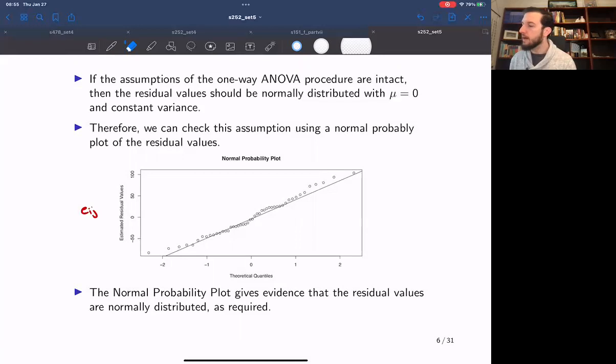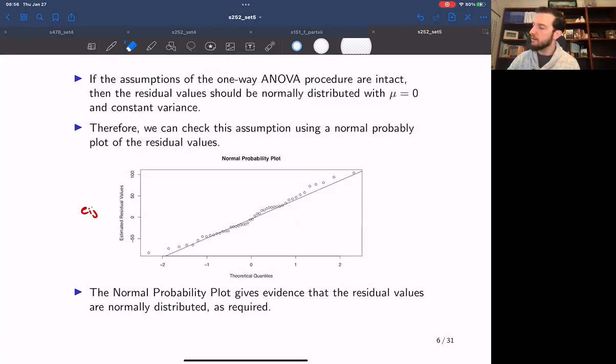Now, because the error term is assumed to be normal with mean 0 and variance sigma squared, the residual should be normal with mean 0. We can't really pull out the mean directly from the QQ plot, though you can see 0 is sort of centered at the middle of the estimated values.